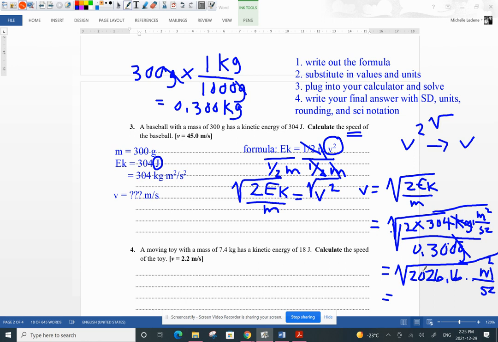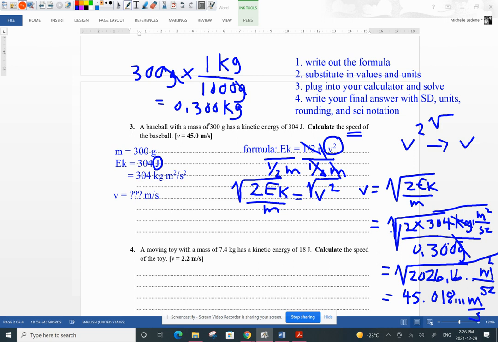So the root of that is like 45.018 blah blah blah. What's the root of a meter squared? It's a meter. What is the root of a second squared? Well, it's a second. Okay, so there's 45 point blah blah blah meters per second.